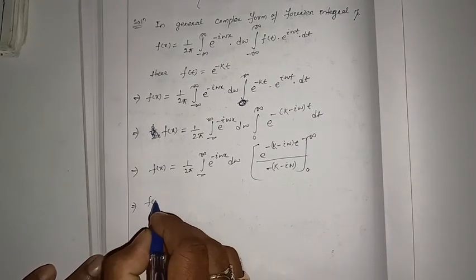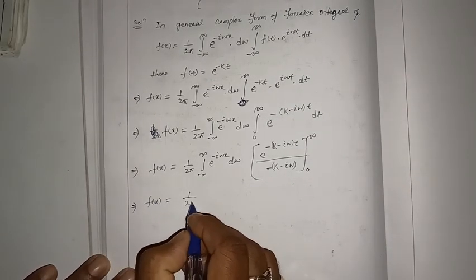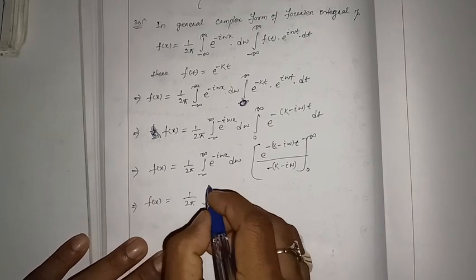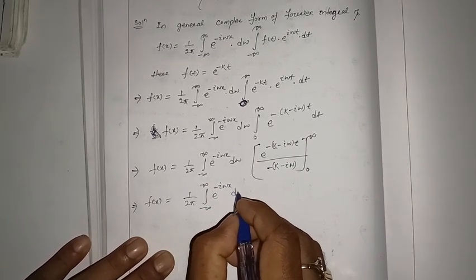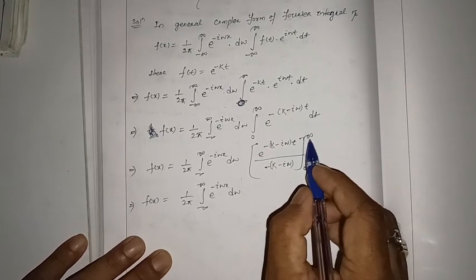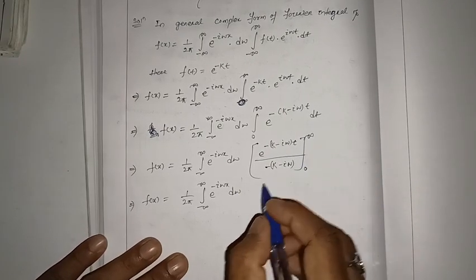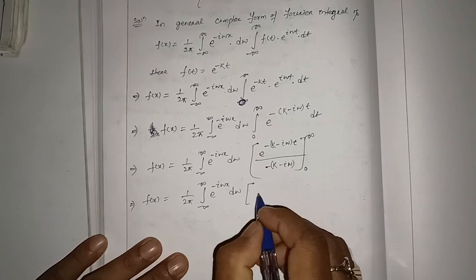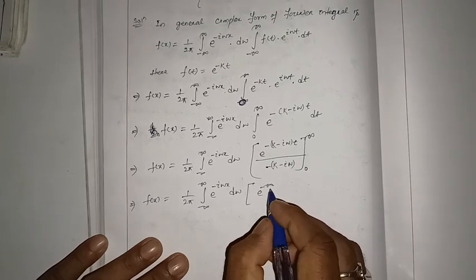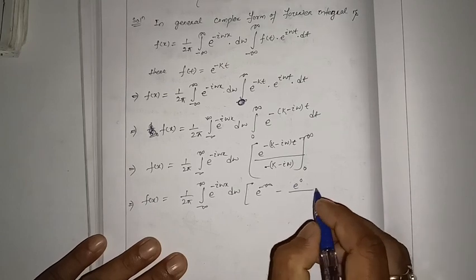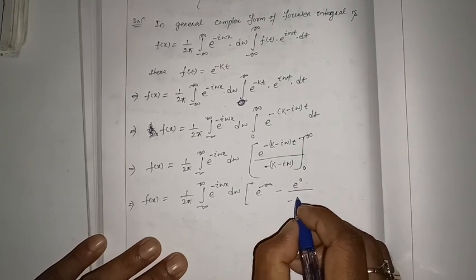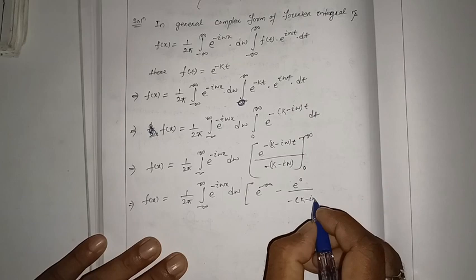That implies f of x will be equal to 1 by 2 pi, integral from minus infinity to plus infinity of e to the minus i omega x d omega. Here you just put the limit infinity. The first term will be e to the minus infinity, which will be 0, minus e to the power 0, divided by minus of k minus i omega.